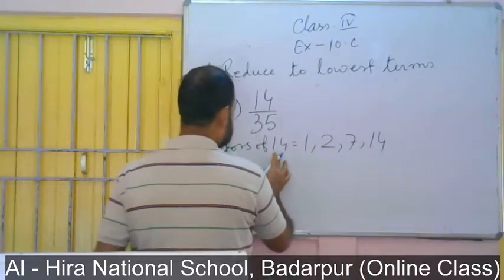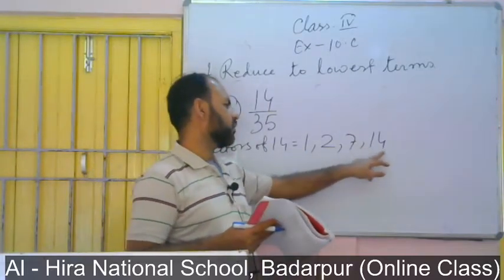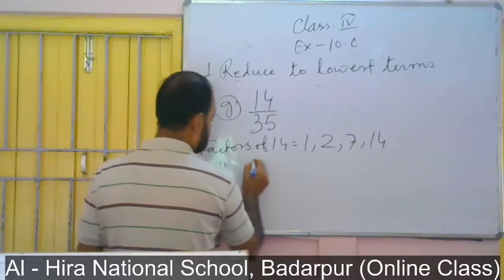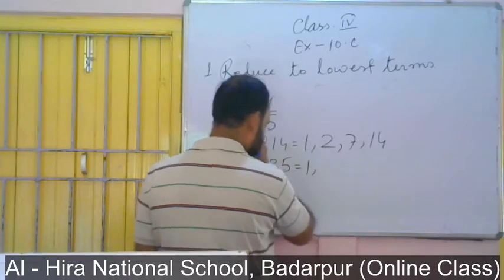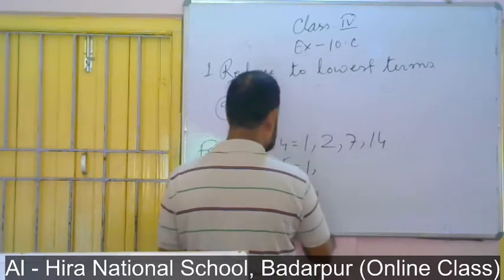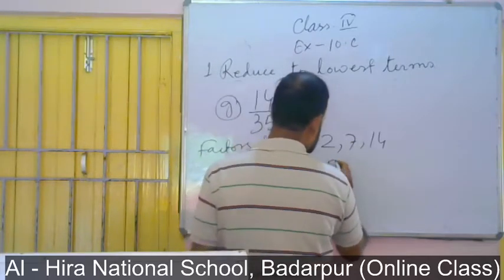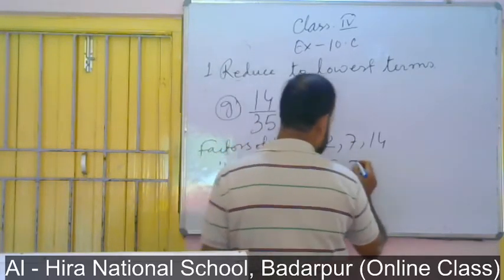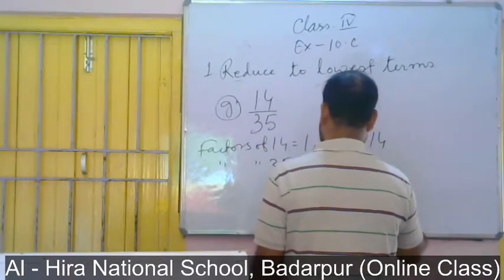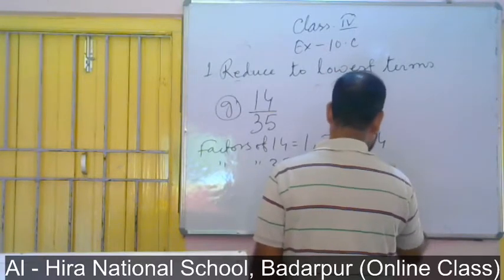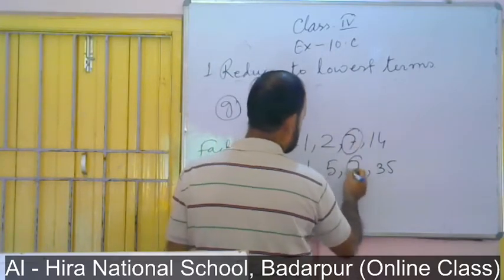So factors of 14 equal to 1, 2, 7 and 14, and factors of 35 equal to 1, 2 cannot, 3 not, 4 not, 5 7s are 35, 7 5s are 35 and then 35 1s are 35. So now common factor is 7.